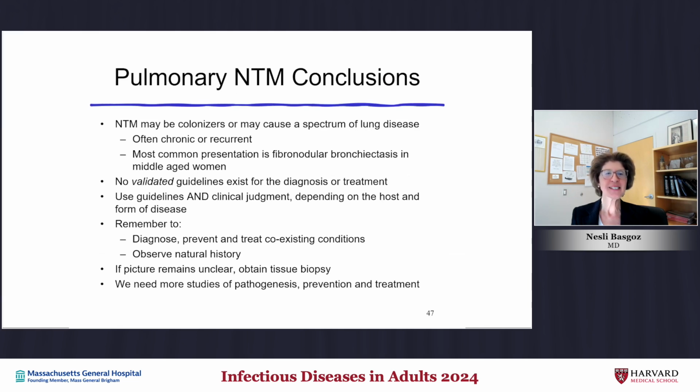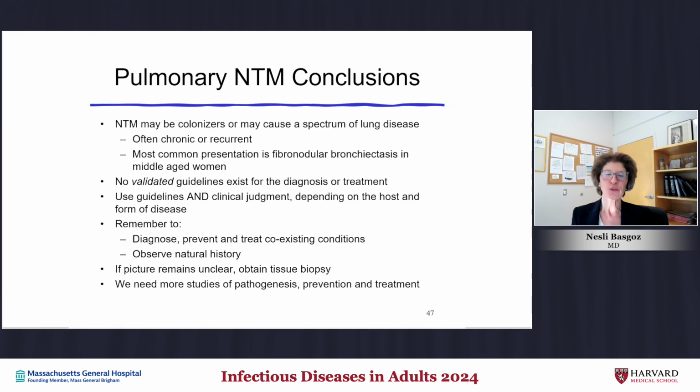So I'll end by saying NTM may be colonizers or may cause a spectrum of lung disease. It's often recurrent or chronic. The most common current presentation is fibronodular bronchiectasis in middle-aged women. There are no validated guidelines for diagnosis or treatment, so you must use your clinical judgment in addition to guidelines and individualize it to the host and the form of disease.